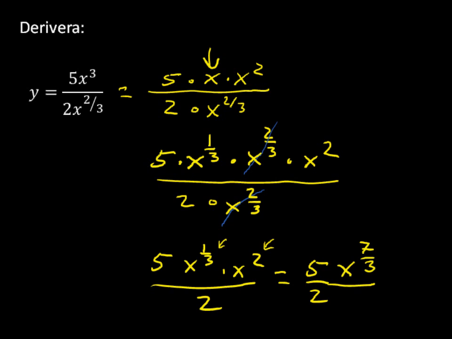So let me get a new page and I'll write it up clean so I have some room. So we're going to have, oh, already starting to write wrong. Here we go. 5x to the 7/3 divided by 2. Okay, let's take the derivative of this then.